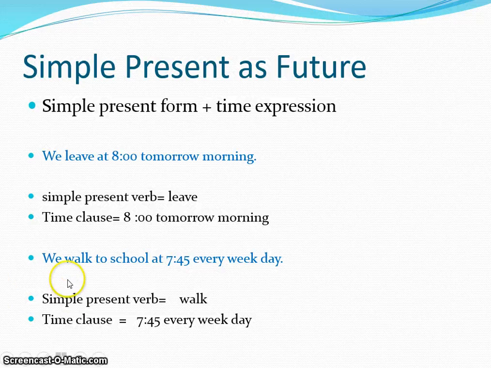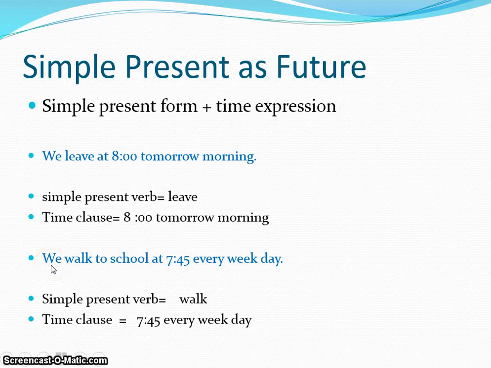Here's another example. We walk to school at 7:45 every weekday. Time clause is 7:45 every weekday. So I'm expressing something that I do every day, but maybe I'm saying this on a Sunday.